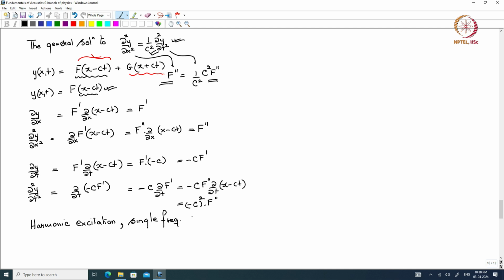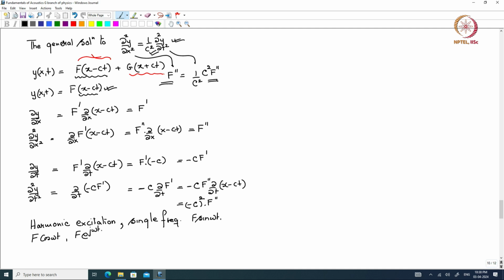That means the forcing is either F sine omega t or F cosine omega t, or F e to the power of j omega t and so forth, single frequency.